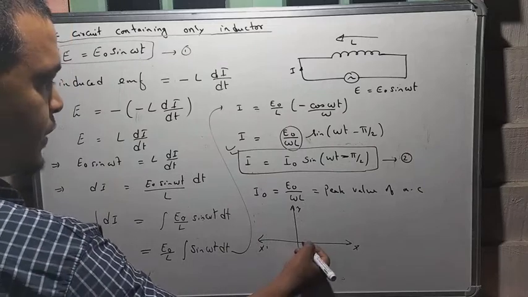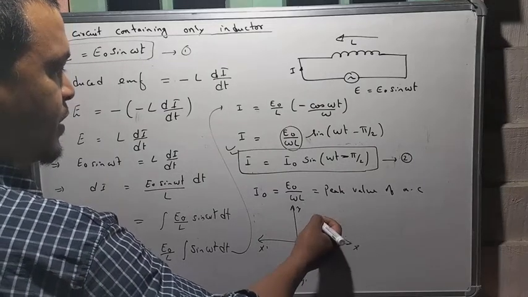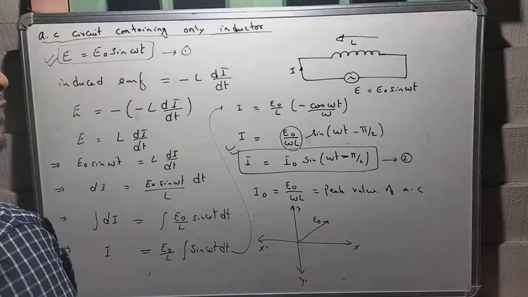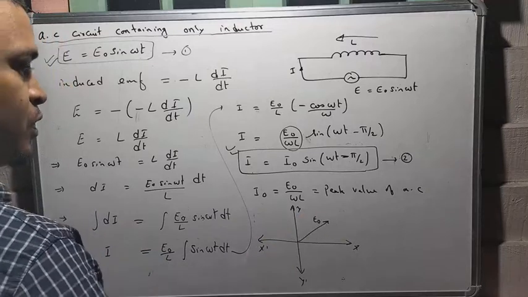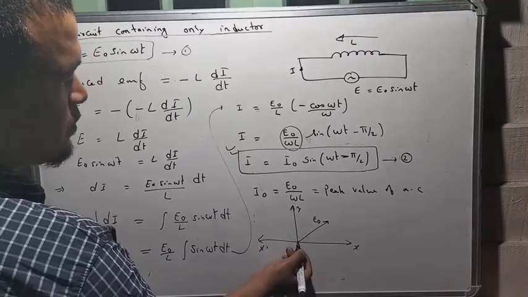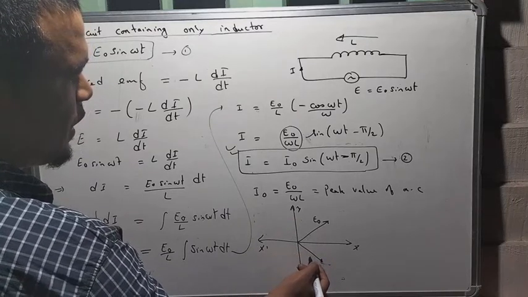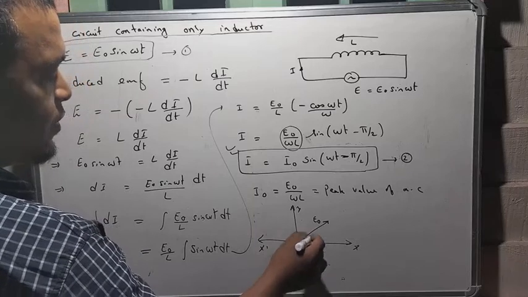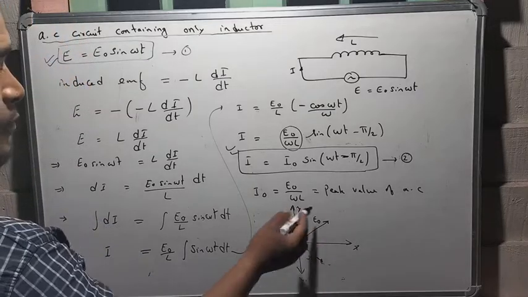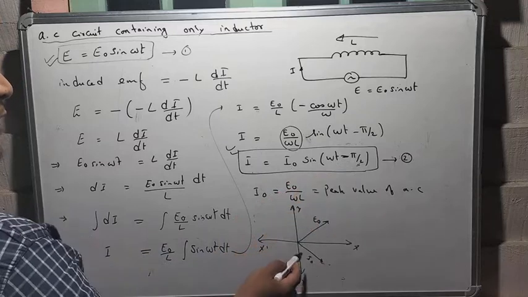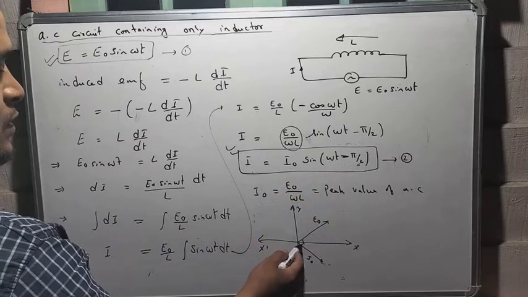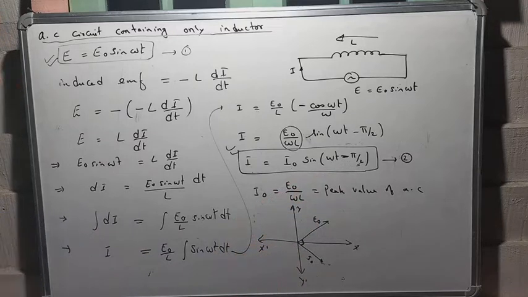If this is my EMF with magnitude E0, then the current I0 will be lying below this E0. And because the phase angle between the two is pi by 2, this angle here is 90 degrees. So this is the phasor diagram of the two waves, current and EMF.